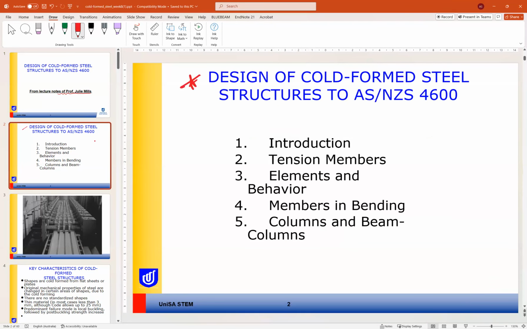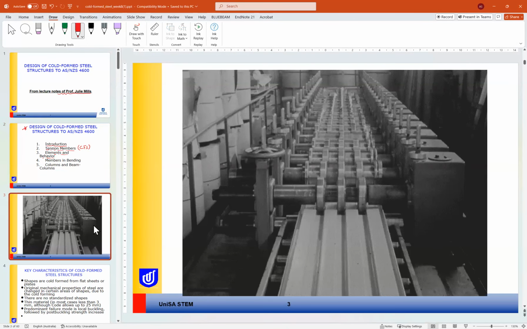Today we will have a quick introduction about the cold formed steel, and then design of tension members of cold formed steel structure, and then the element and buckling behavior of the elements. So these are mainly the topics we will be doing today, and the remainder will be explained or discussed in the next lecture or next week.